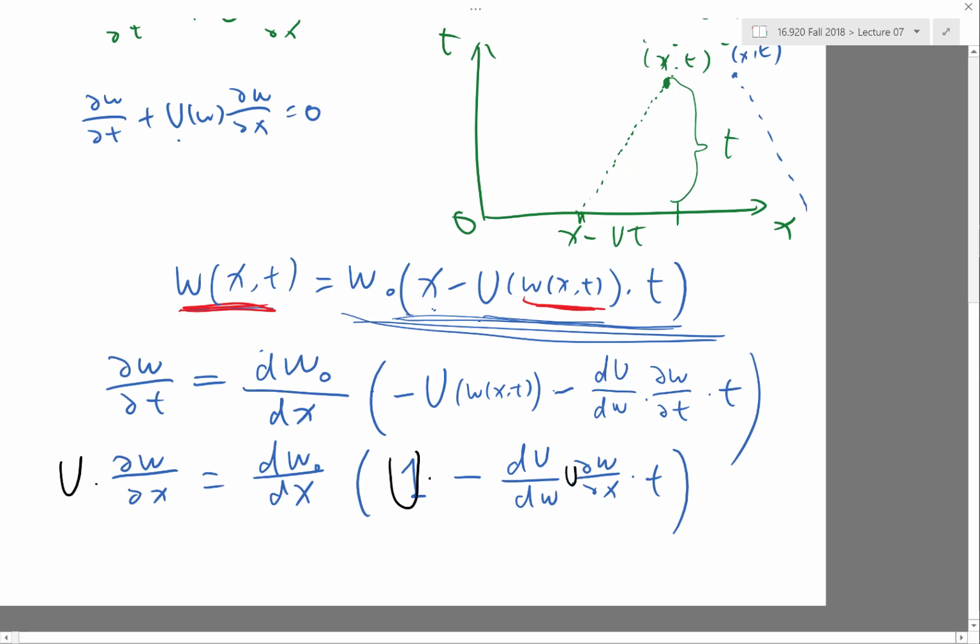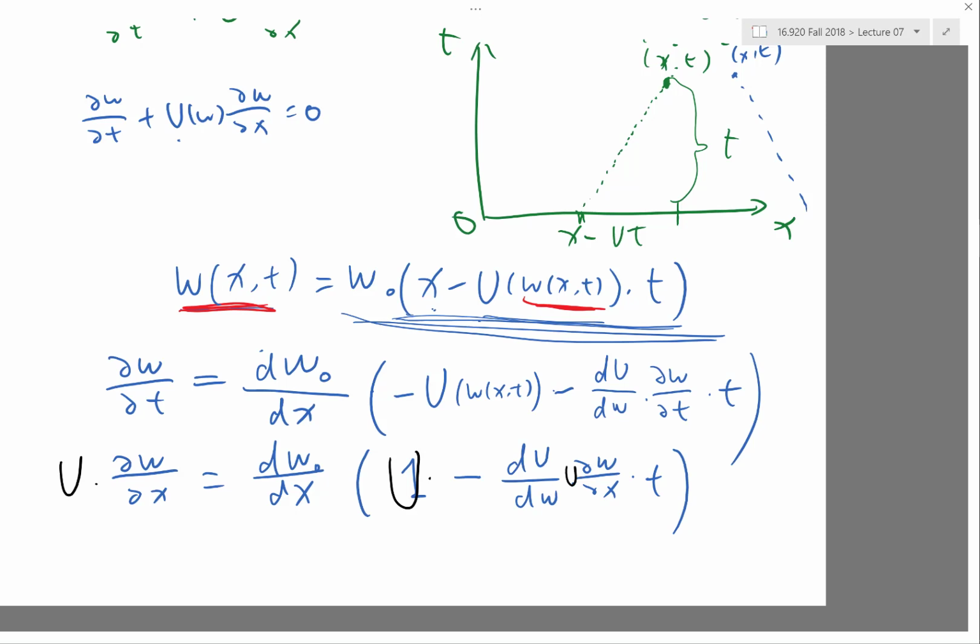If you add them up, this cancels, and what you have is an implicit formula saying dw dt plus u times dw dx. If this is 0, this is also cancelling, and this is also going to be 0, right?